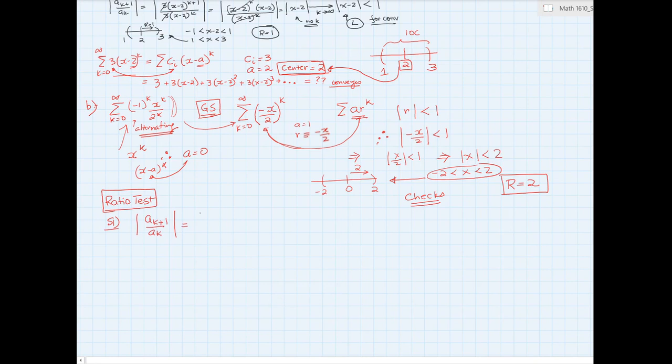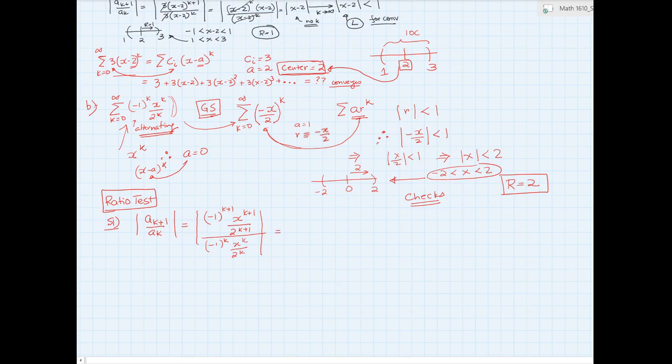So that means the absolute value of negative 1 to the power k plus 1, x to the power k plus 1 over 2 raised to the power k plus 1, divided by a k, which is negative 1 to the power k, x to the power k over 2 raised to the power k.